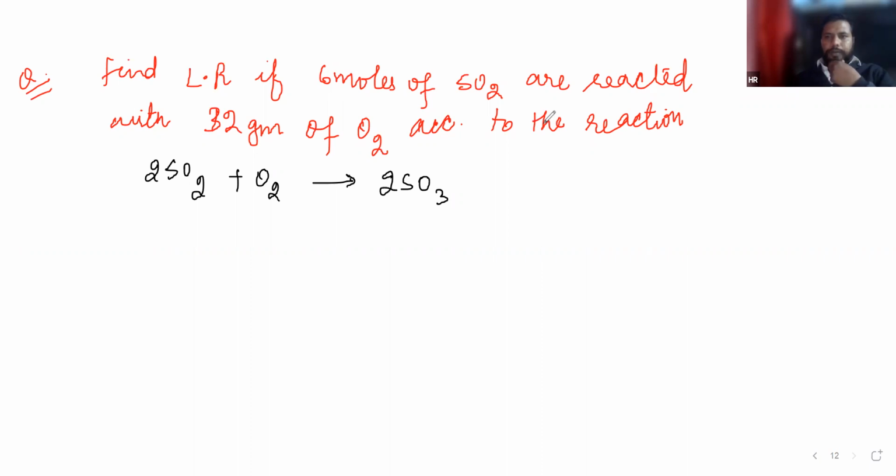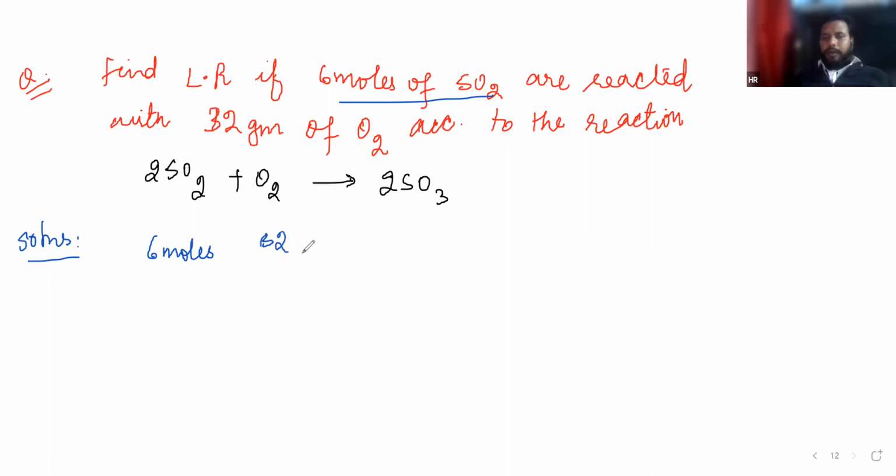Krishna, can you do this? Yes, sir. I found it, sir. Okay. Which one is LR? Just see. 6 moles of SO2 you can write here, and 32 gram of O2.